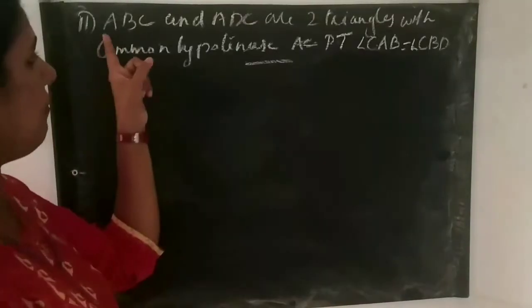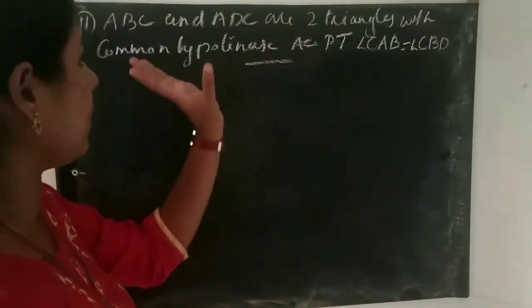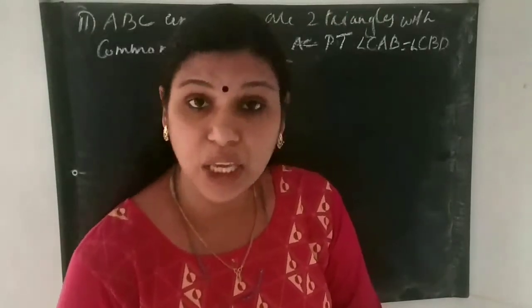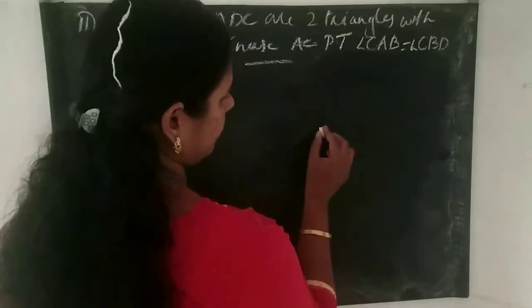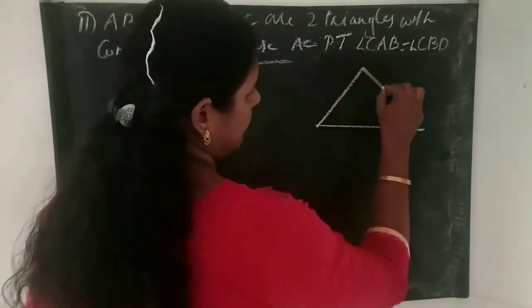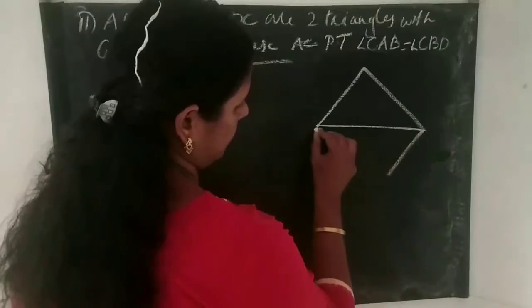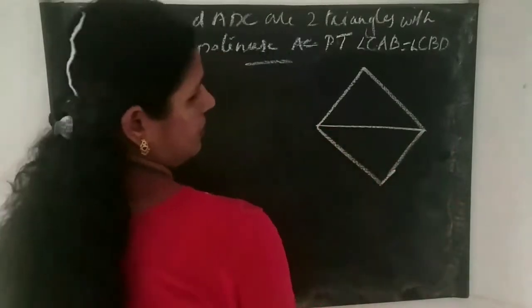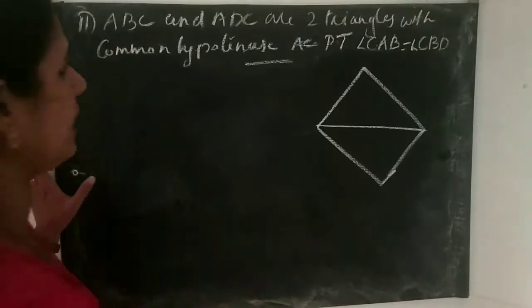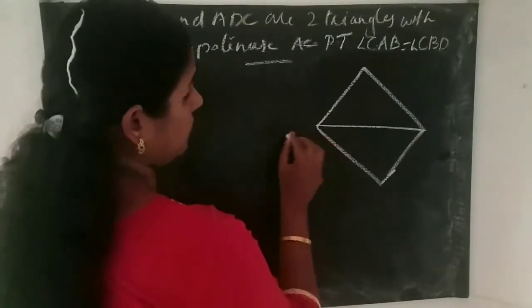Number 11. ABC and ADC are two triangles with a common hypotenuse AC. Prove that angles CAB and CBD are equal. So first we have to draw the two triangles with a common hypotenuse. See children, ABC and ADC are two triangles with a common hypotenuse AC.